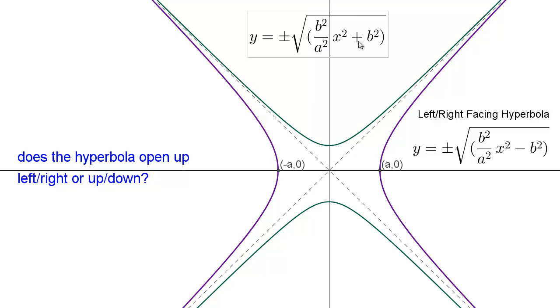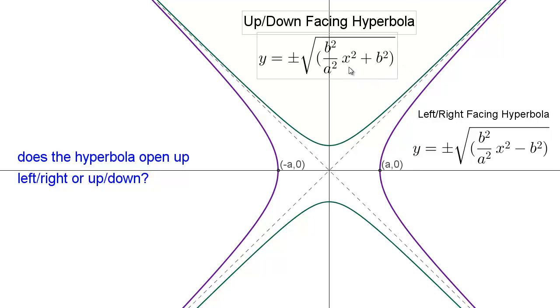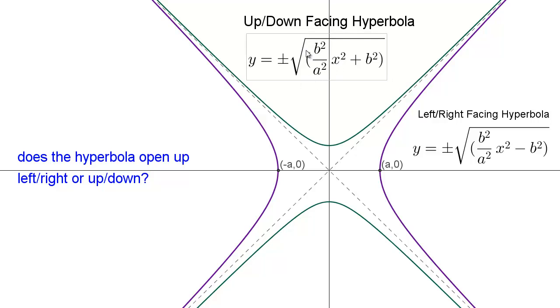And so this is, by the way, what an up and down facing hyperbola would be looking like. The one we derived earlier was a left-right facing hyperbola. So an up-down facing hyperbola has this underneath the radical, and hopefully the first thing you're going to notice is since there's a plus sign there, this can never equal 0.